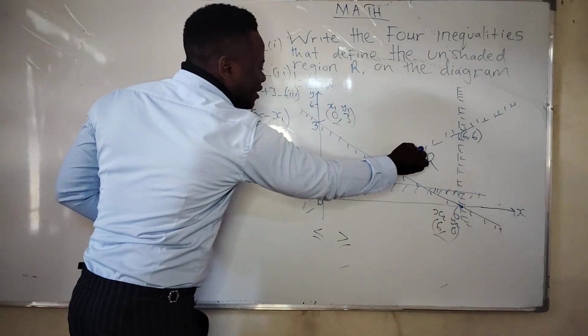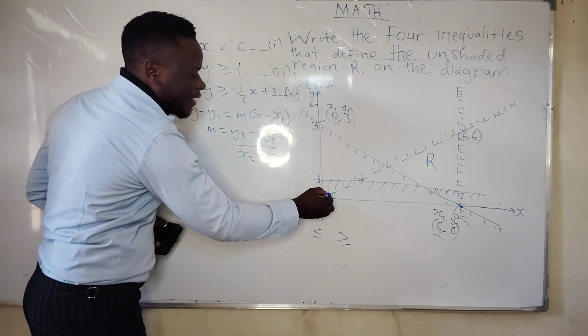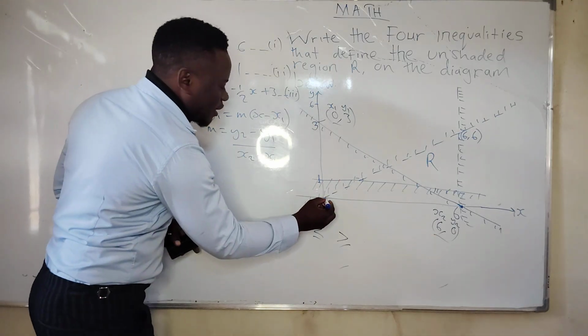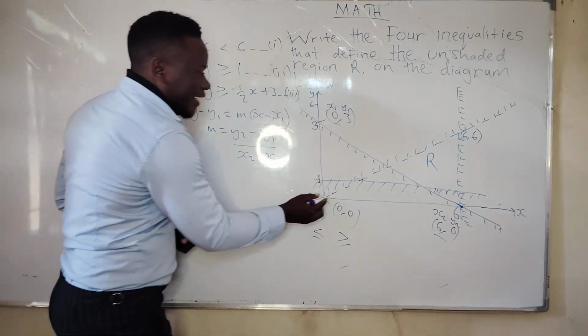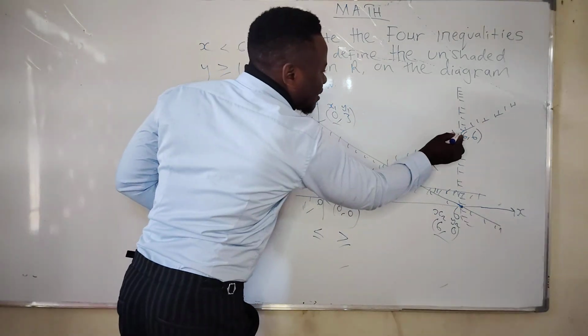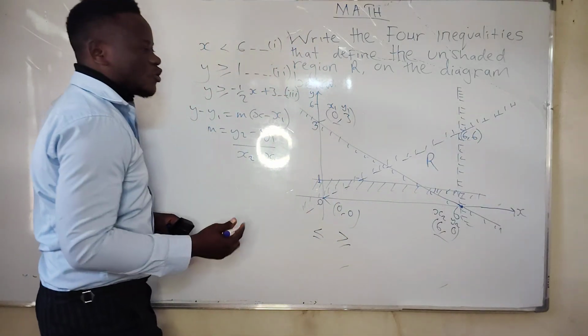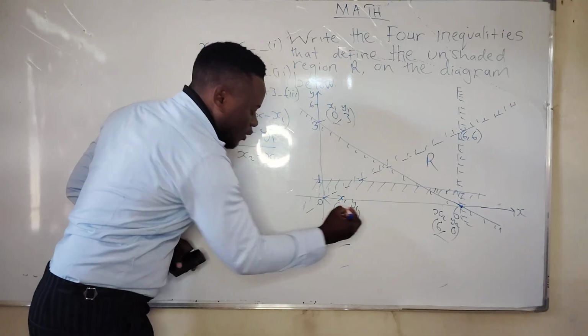But in this case, check where it is cutting y. It's passing here. If it's passing here, then x here is 0 and y is what? 0, where the two intersect. So here you have 0, 0. The same line is also passing through here. So meaning you have a point here, which is 6, 6. So those are the 2 points. So this is what you do. You say x1, y1.